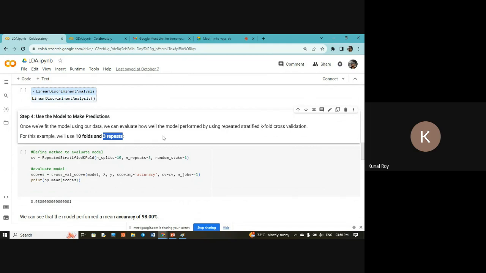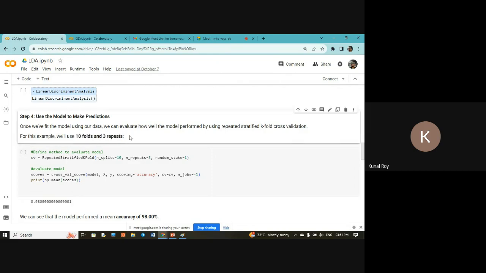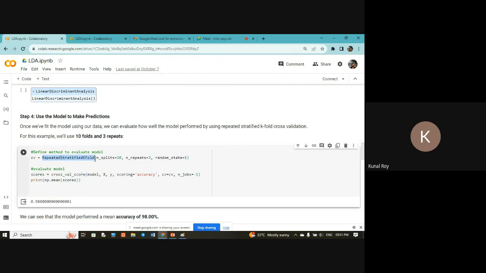These 3 classes are already tested and trained, because I have taken LDA, and our accuracy is coming out 98% if we apply this k-fold cross validation technique. That's why the name is repeated stratified k-fold. This is a function where we take 10 iterations and 3 repeats at a random state.